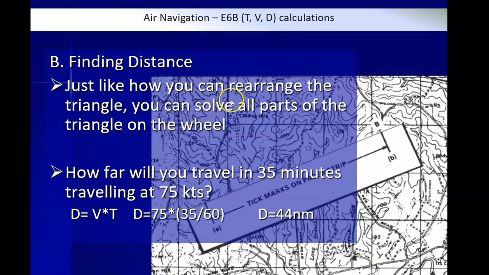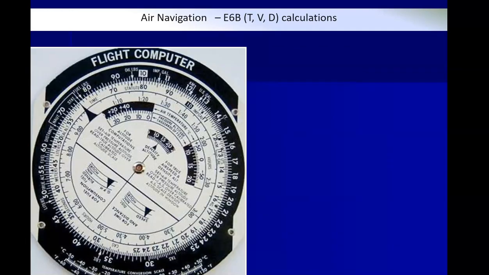Finding your distance is done exactly the same way. If you're going 75 knots, then you can read the B scale for your time, and then read the outside scale for your distance. So again, if I'm going 75 knots, I use my reference here. If I was going faster, I would put the reference there.